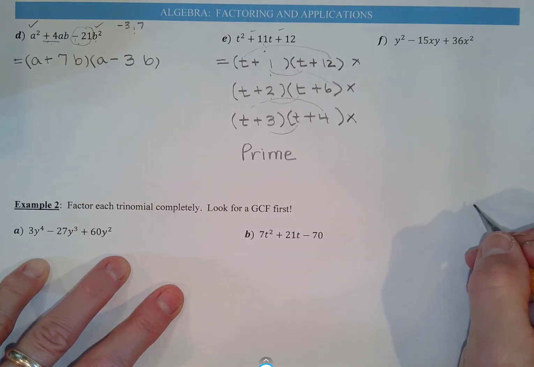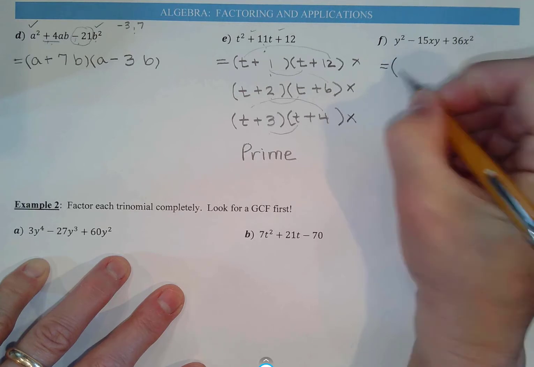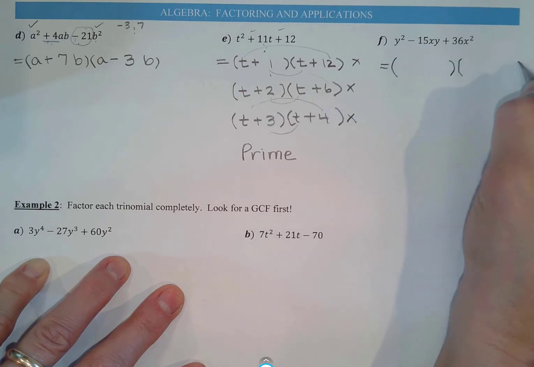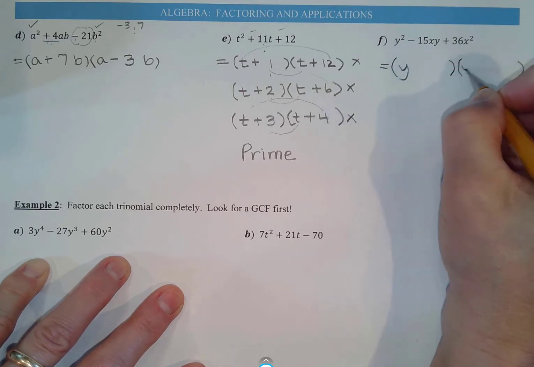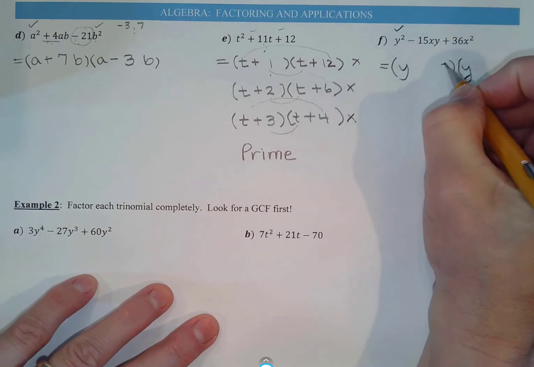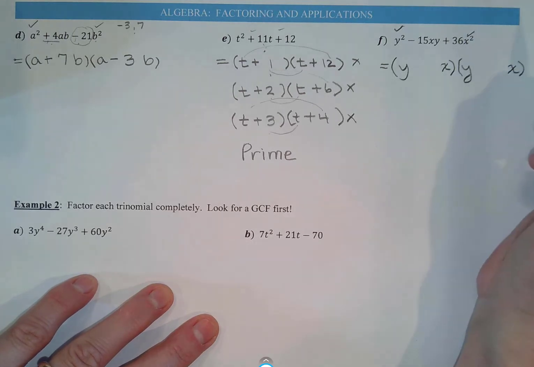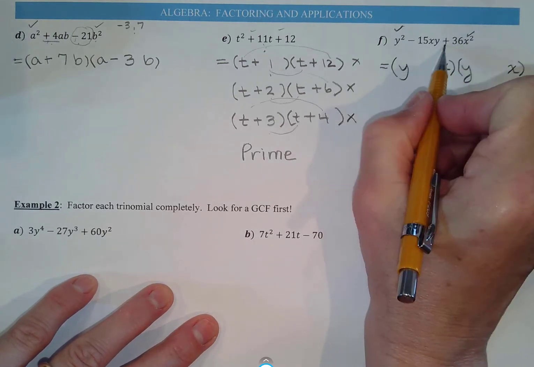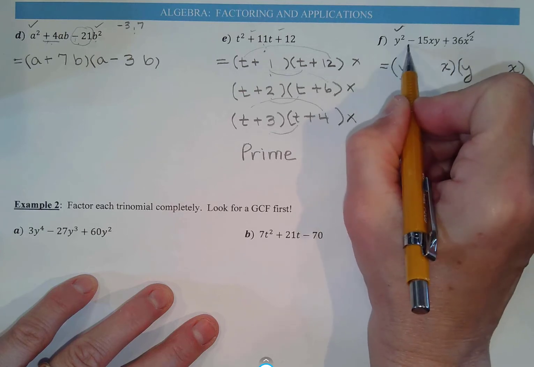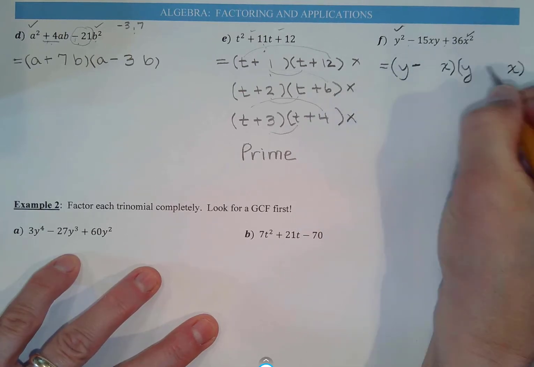Lastly, part F. Y times y gives y squared. Our last terms must contain the variable x to give x squared. We've got a positive product, yet a negative sum, and so we know to use minus symbols in both binomials.